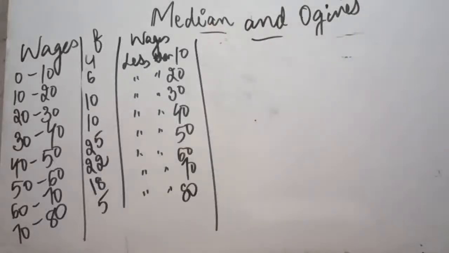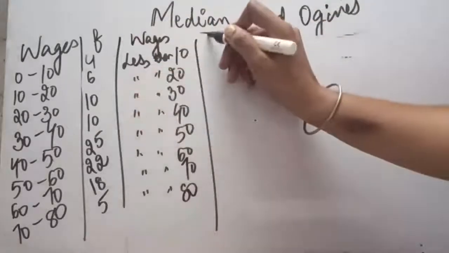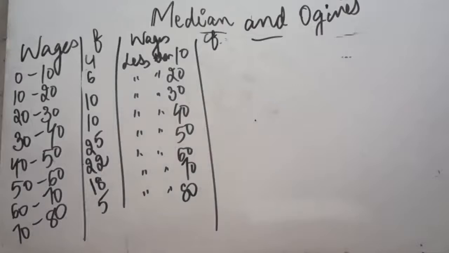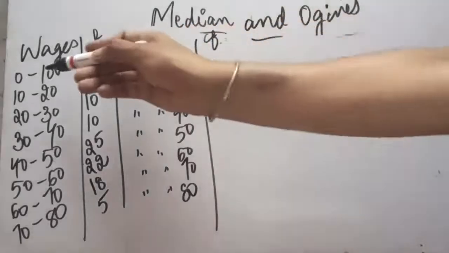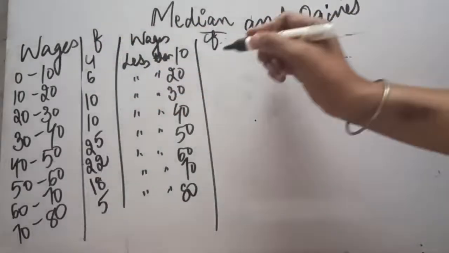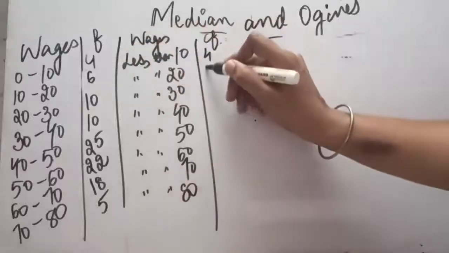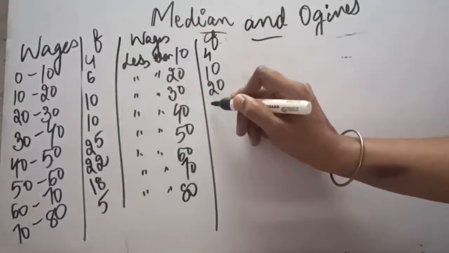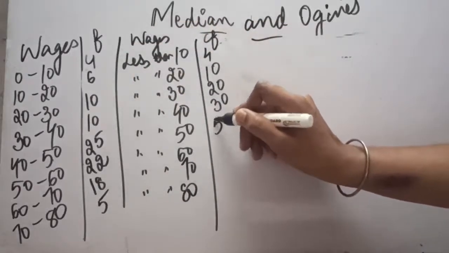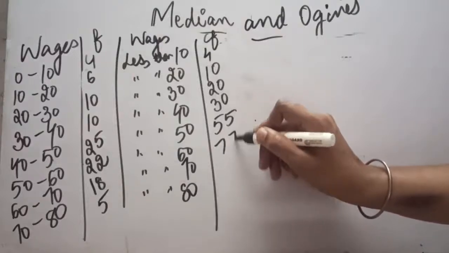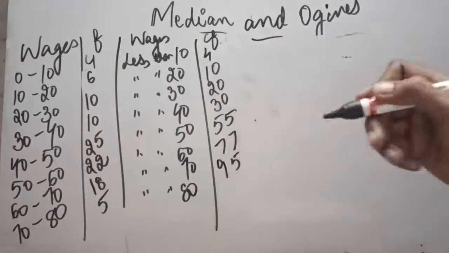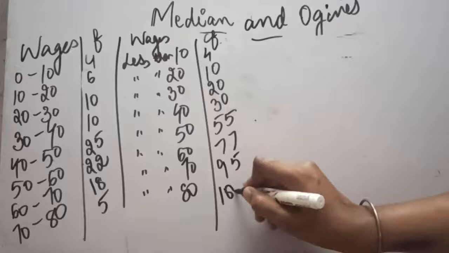So this is how wages will be written, and this F will ultimately be converted into CF. It will become cumulative frequency because this has been converted into less than. So it will be 4 plus 6 is 10, plus 10 is 20, 30, 55, 77, 95 and 100.